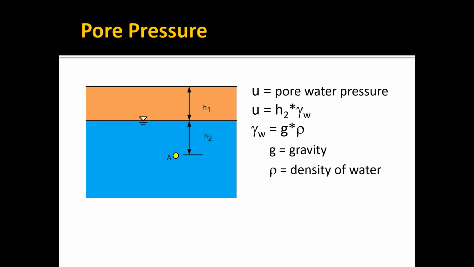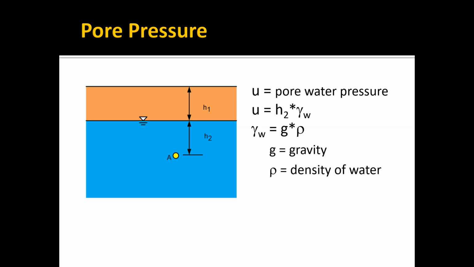But that's a detail that won't really impact any of our work this semester, so I don't want to dwell too much on that. The main point is that we will routinely use that little inverted triangle symbol to delineate the water table in our drawings this semester.